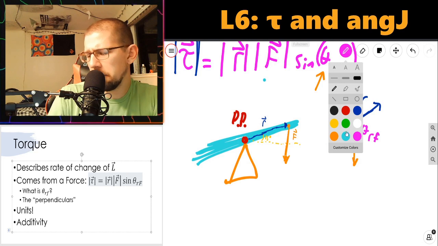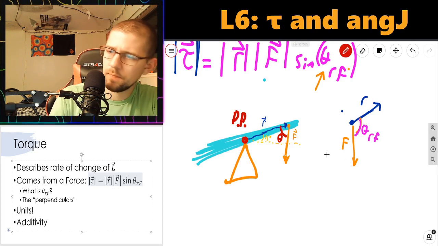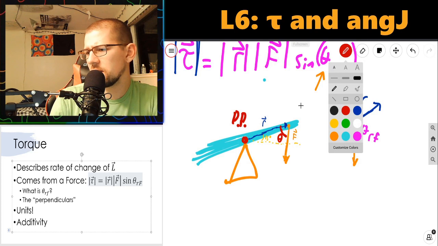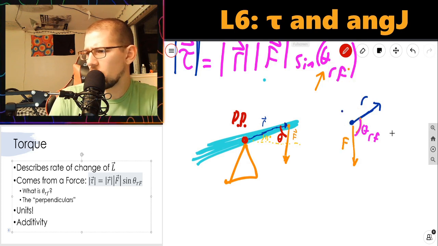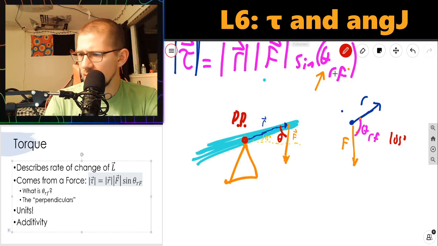Now, alternatively, because of a certain symmetry of sine, you can also just measure this angle. These two angles in general are going to be symmetric about 90 degrees. So here, this angle would be 105 degrees, and this angle would be, let's see, 180 minus 15 minus 90 makes 75 degrees.